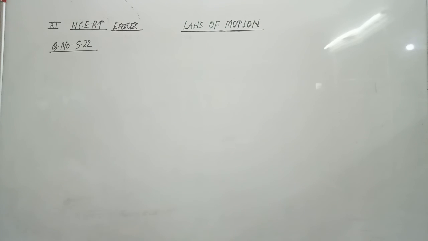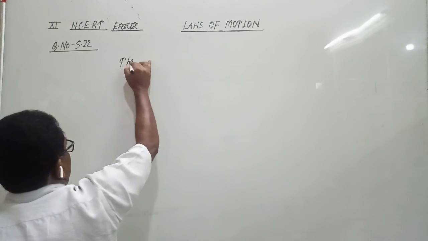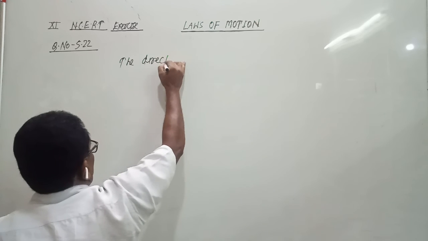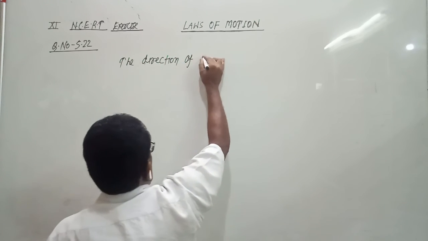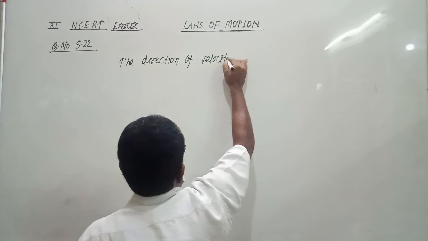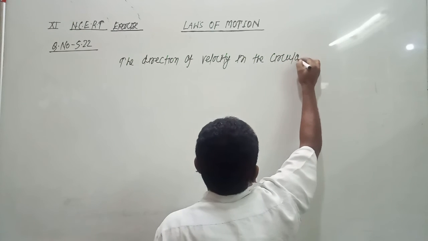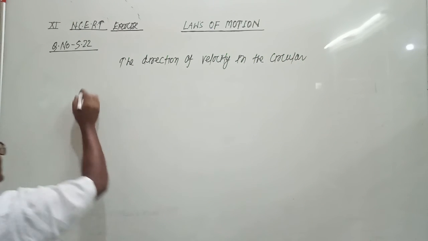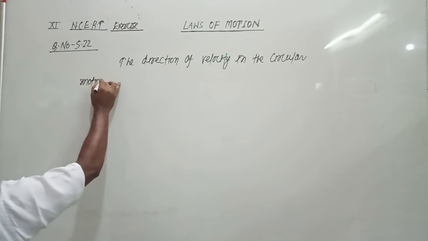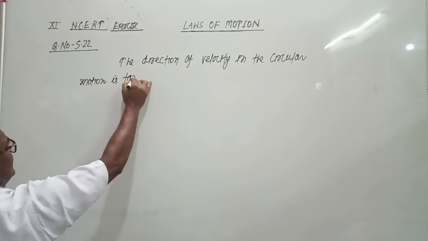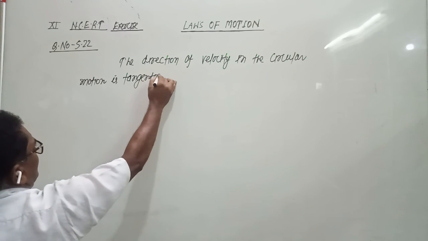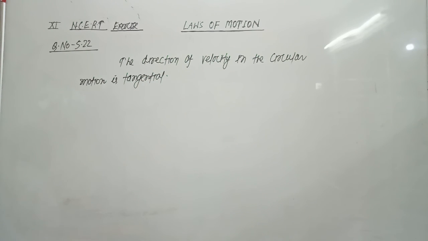The direction of velocity in the circular motion is tangential.